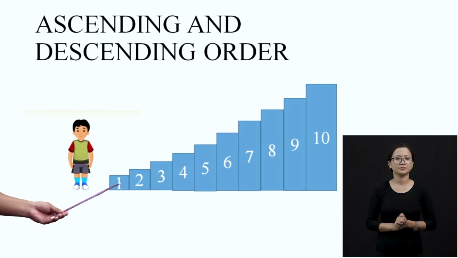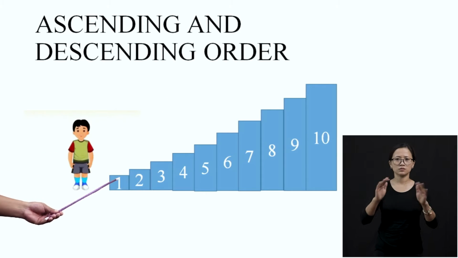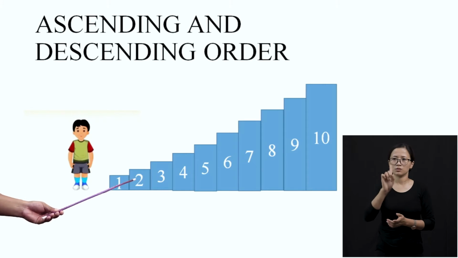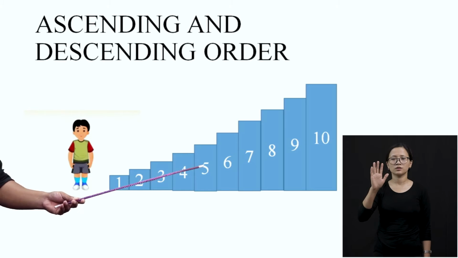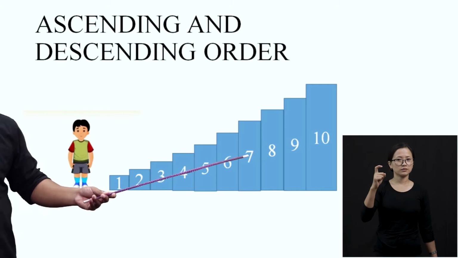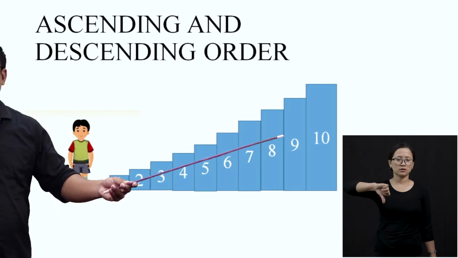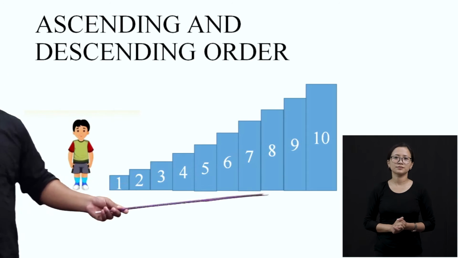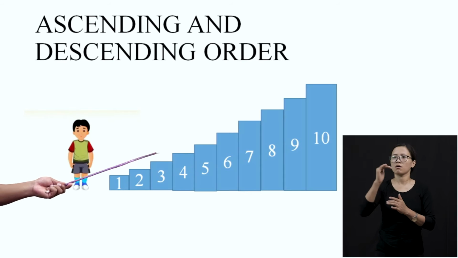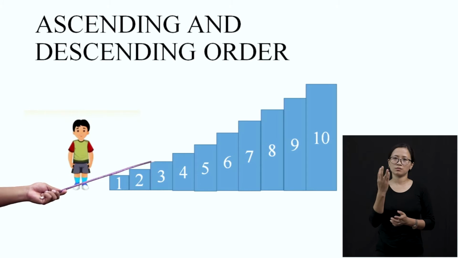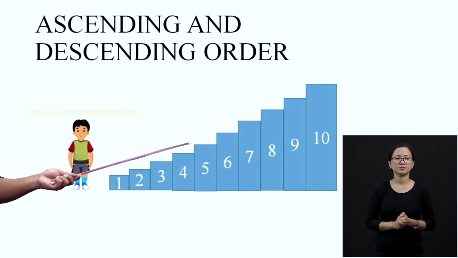Now, with each step, we have numbers written here: 1, 2, 3, 4, 5, 6, 7, 8, 9, 10. So with each step, the step gets higher, isn't it? The number becomes bigger, right? The step is getting higher and higher.